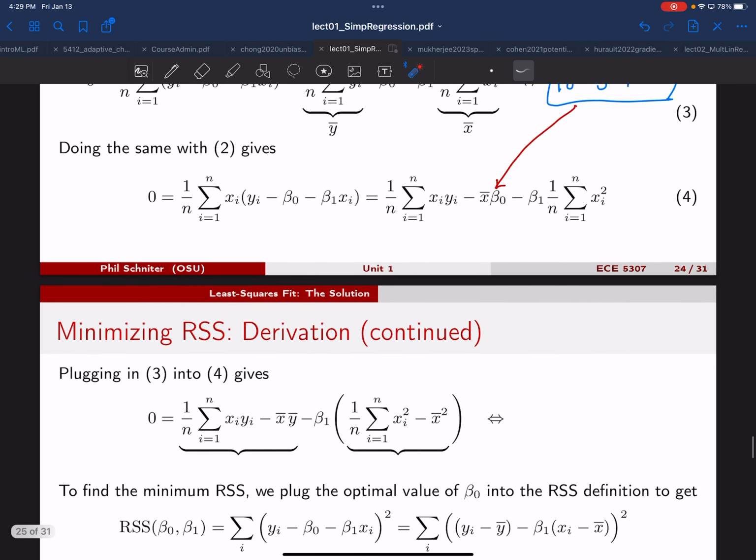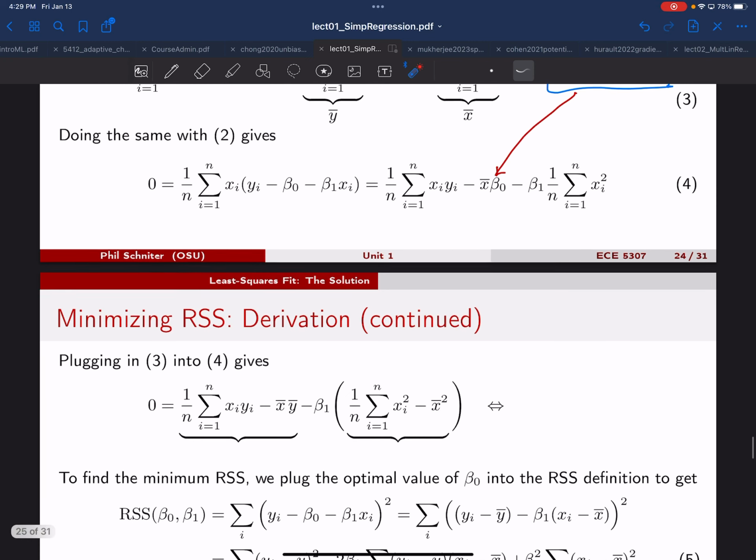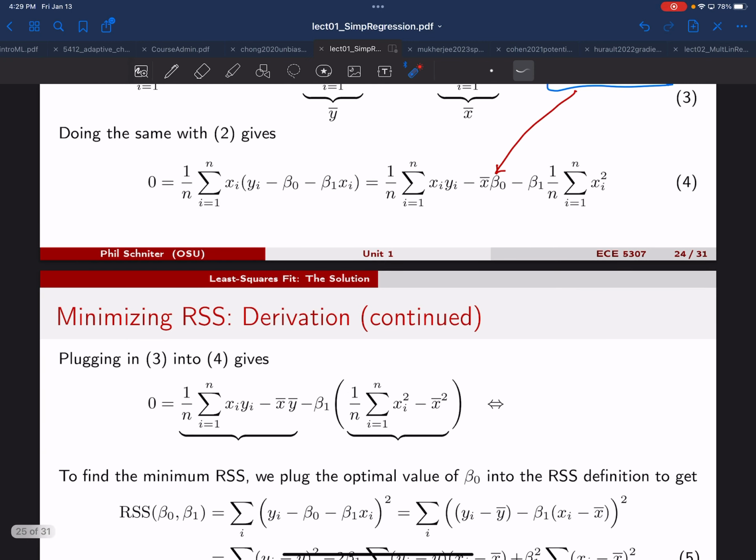And so now, maybe this looks even more familiar. What was this exactly? What did we derive this to be? You remember? It was Sxy plus x bar y bar. And now we're removing the x bar y bar, and so we're left with just Sxy. Exactly.